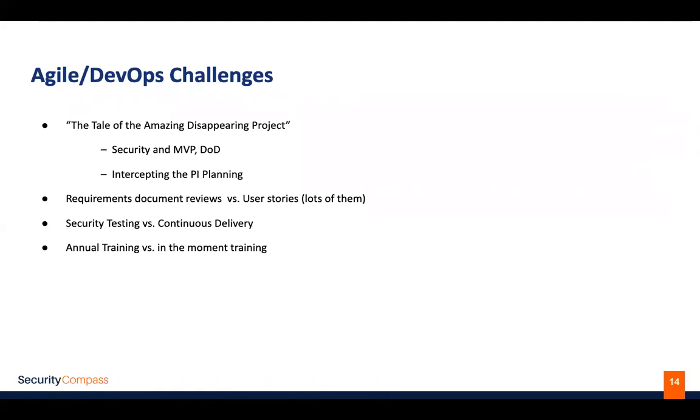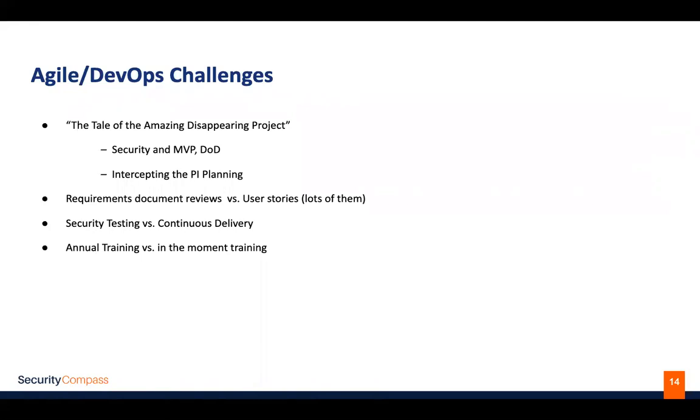They drank the Kool-Aid and started doing Agile, and everything now was user stories and epics and all of that, and it was all in some different tool, so we had to completely adjust our approach for how we even intercepted and found out about different projects.